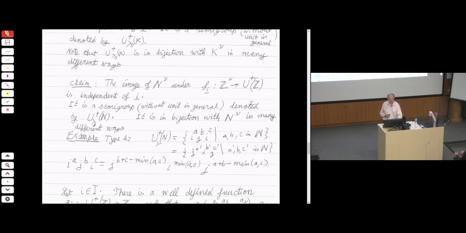And actually you have to notice that if A, B, C are positive natural numbers, then this is automatically positive also. For example, if you take C and subtract the minimum of A and C, you get something positive or zero, because you subtract something which is at most C. So if these are positive, this will also be positive, and all the others are positive.